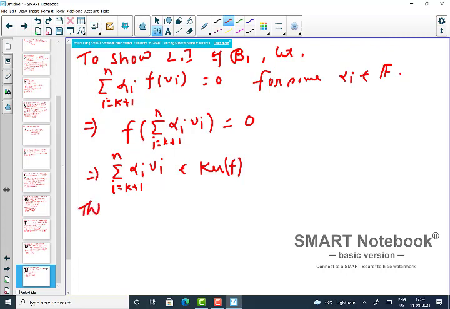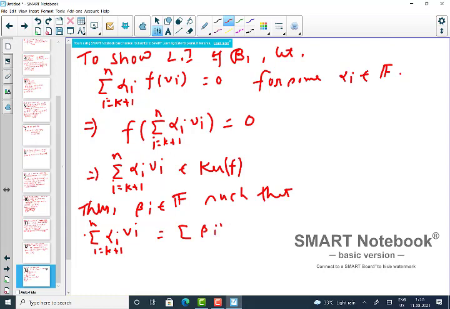Thus there exists some beta_i belonging to the field F such that the summation of alpha_i v_i, i equal to k plus 1 to n, can be written as the summation of beta_i v_i, i equal to 1 to k, right? Because for i equal to 1 to k, the v_i are actually basis vectors of the kernel of f, right?